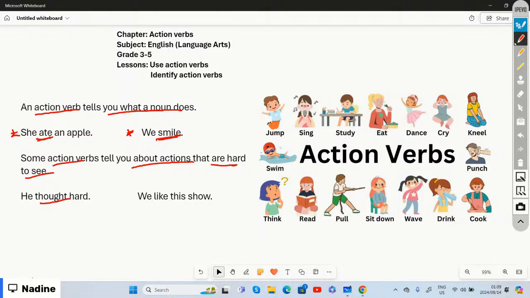And if we look at another example, it says, we like the show. We can say like is our verb.